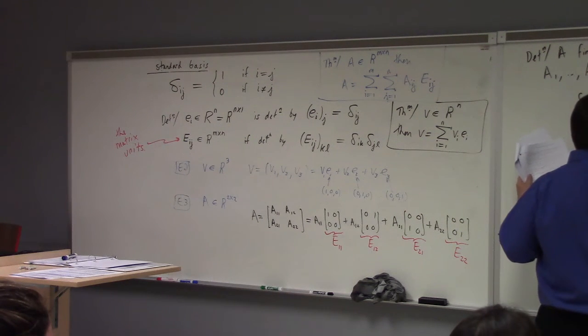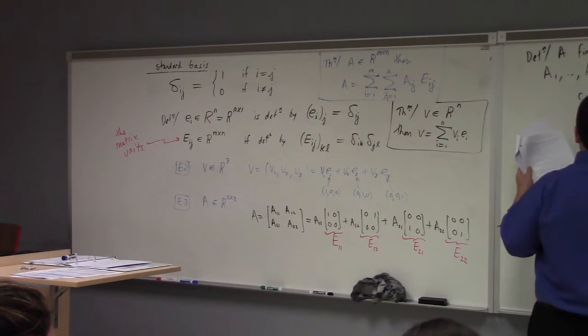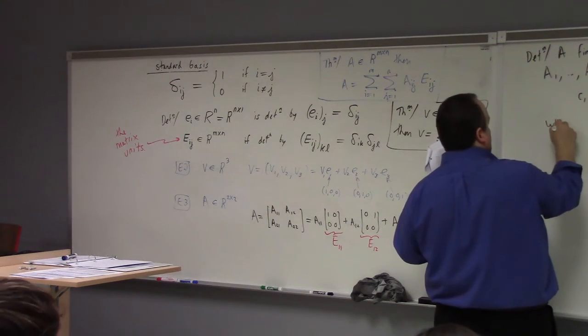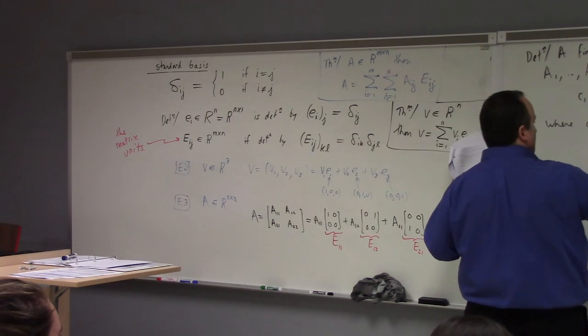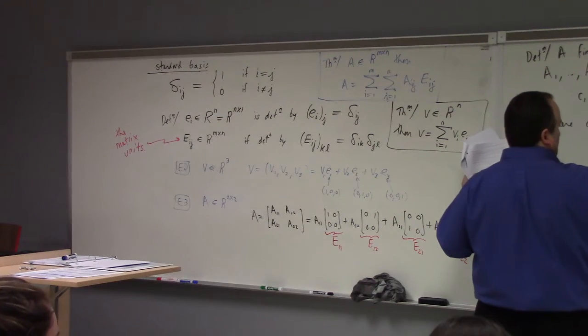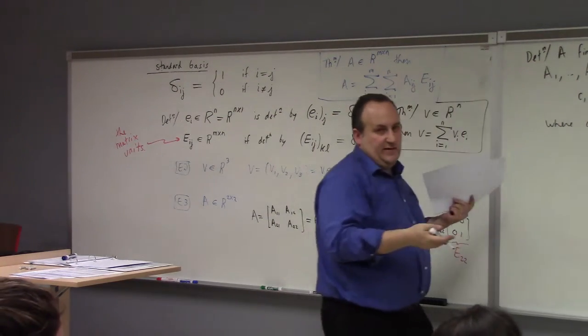That's the summation i equals 1 to k of c sub i, a sub i, where the coefficients have to be an element of R. That's what makes it an R-linear combination.